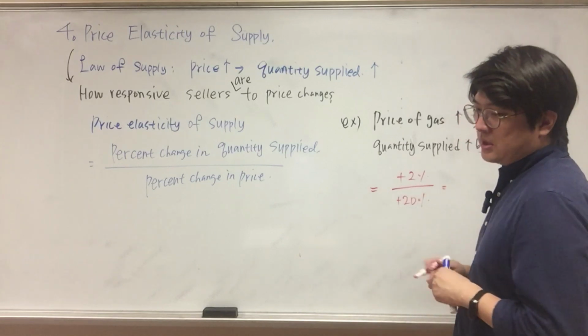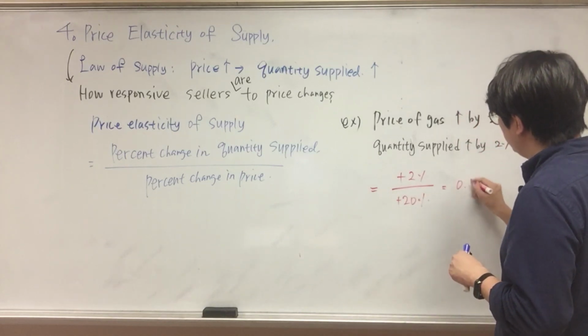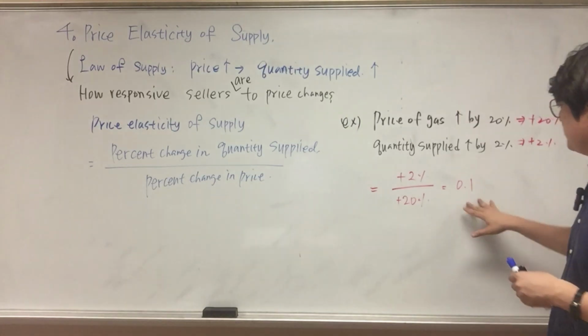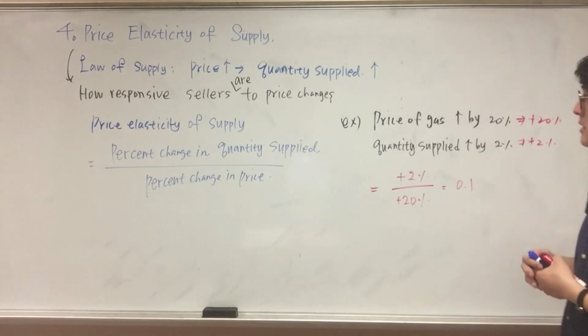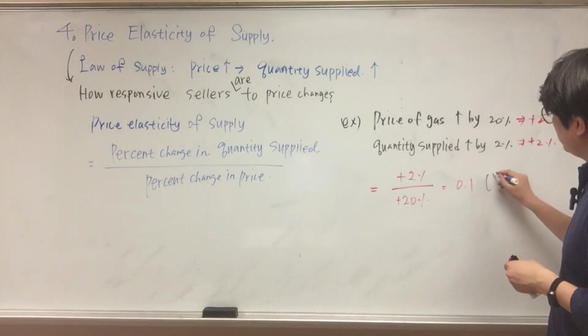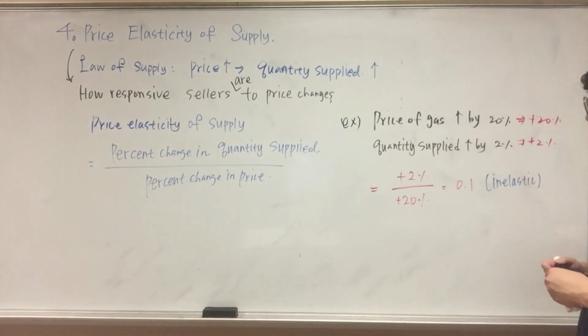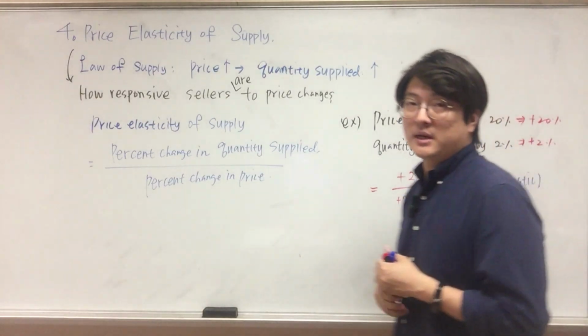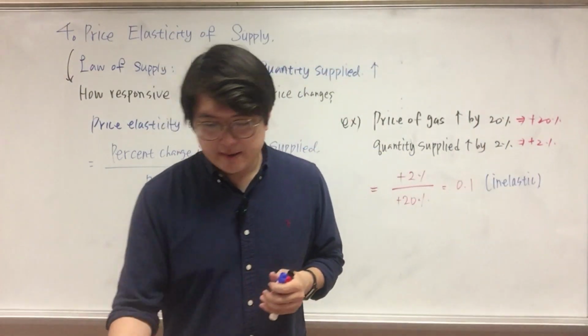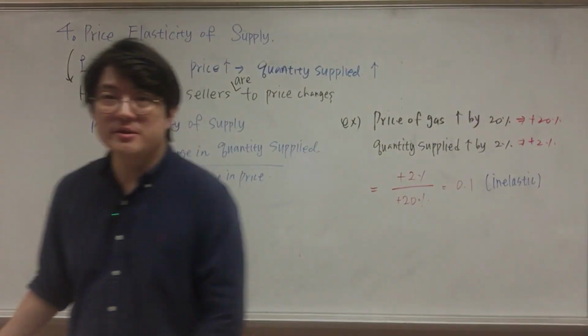Okay, so we have 0.1. If this value is less than 1, the gas supply is inelastic. Any questions about this?